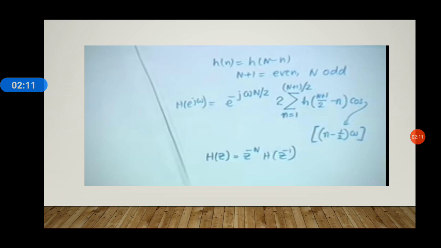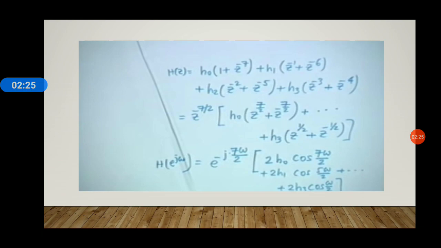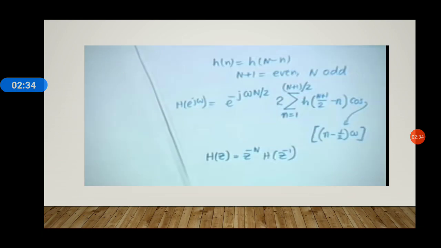You can take N as 7 as our case is, and by changing small n from 1 to (N+1) by 2, we can get different values for the previous equation that we have derived here for type 2. This is the particular equation, whereas this is the general equation for the type 2 linear phase FIR filter.